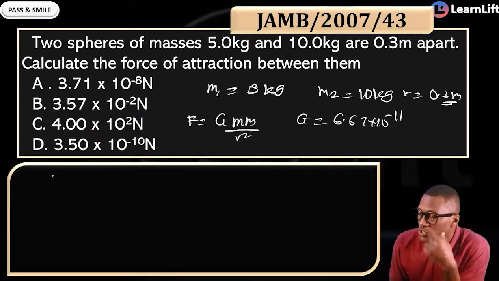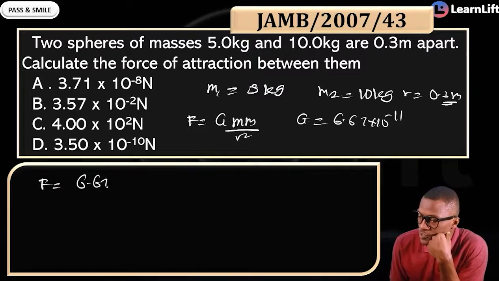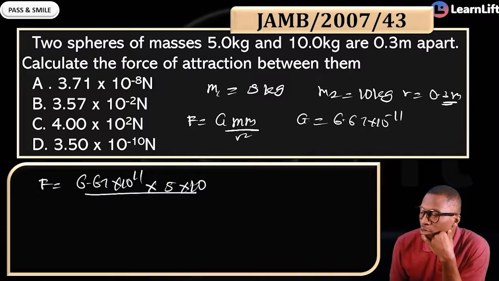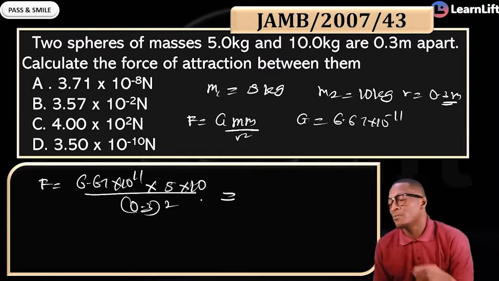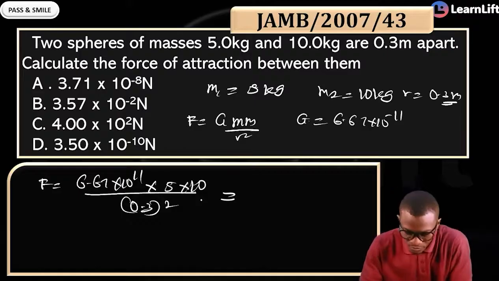Is that correct? So the force will now be equal to 6.67 times 10 raised to power minus 11 times 5 times 10 all over 0.3 all squared. Everybody grab your calculator and press that and tell me the answer.